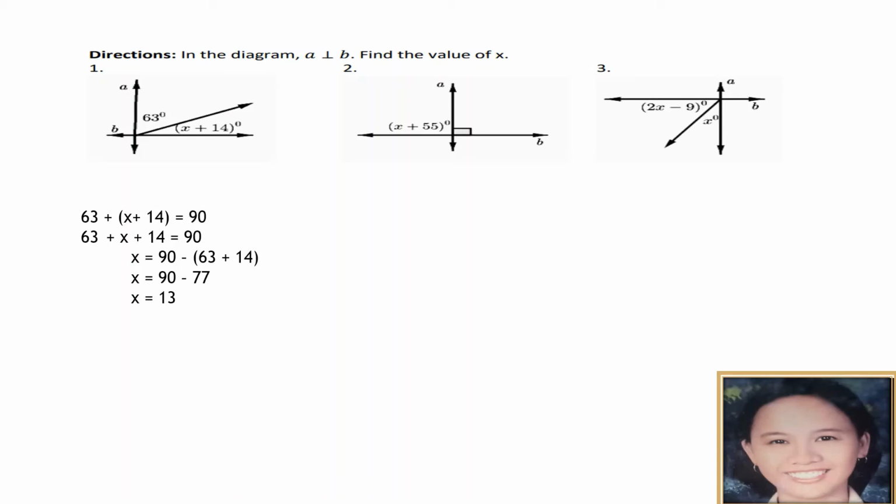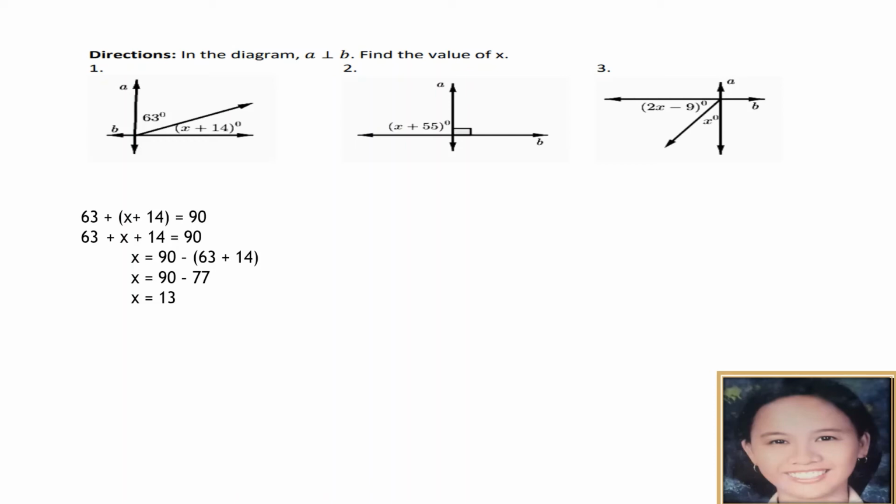That's 63 plus x plus 14 equals 90. Applying the subtraction property of equality, we have x equals 90 minus the quantity of 63 plus 14. And 63 plus 14 gives us 77. So x equals 90 minus 77, and 90 minus 77 is 13. Therefore, the value of x in number 1 is 13.